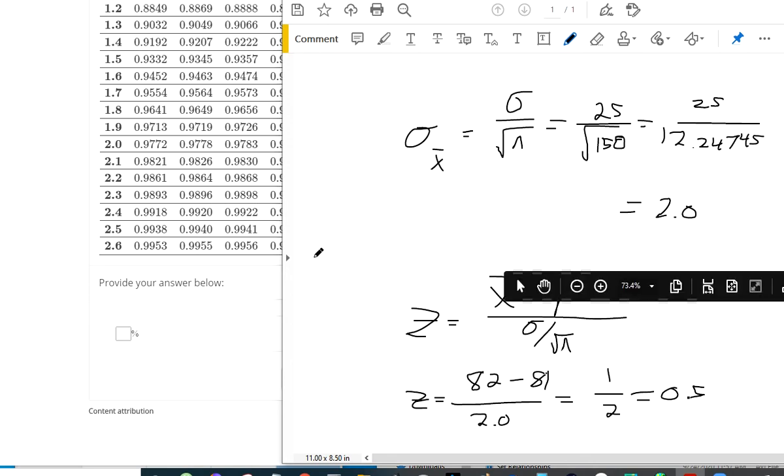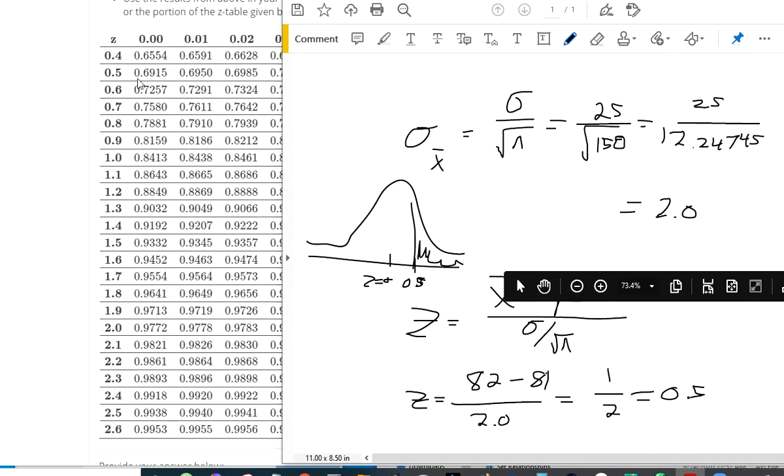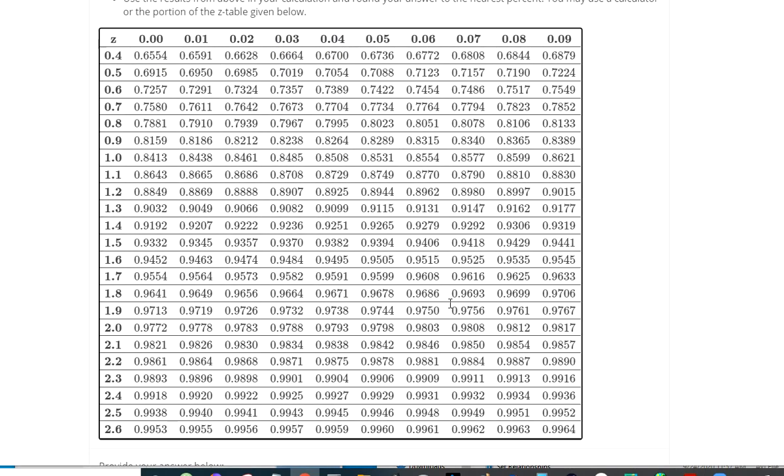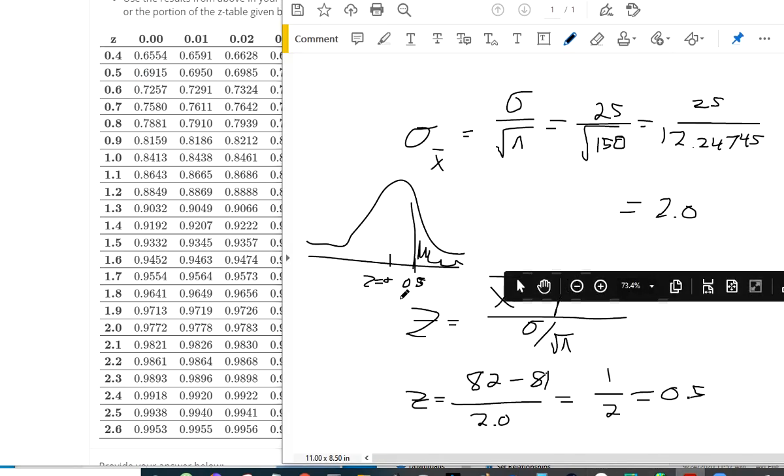And they want the probability of being greater than 0.5. So here's 0.5. This is what the area looks like to be greater than 0.5. Remember, the table always gives you the probability of being less than the value. So at 0.5, the area to the left is 0.6915.